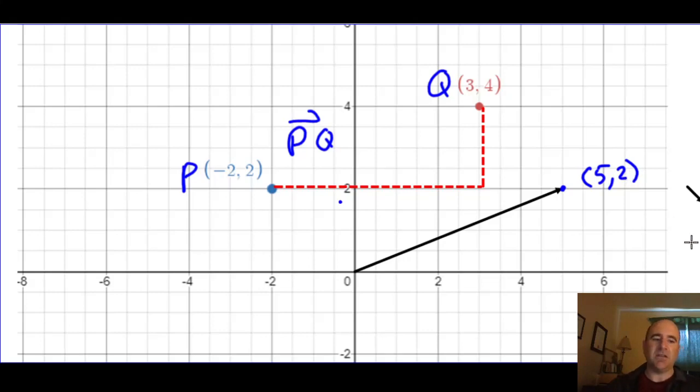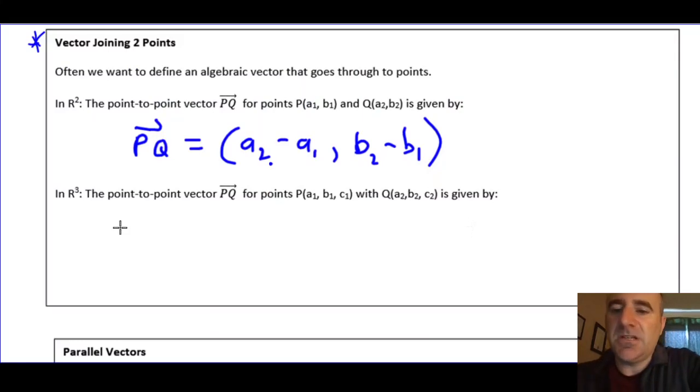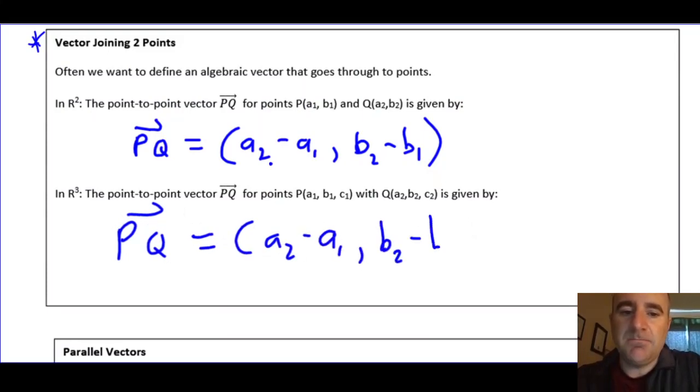So it's a little bit hard to visualize, but it's not too bad. And so vector PQ in 3-space is calculated the exact same way: A2 minus A1 and B2 minus B1 followed by C2 minus C1.